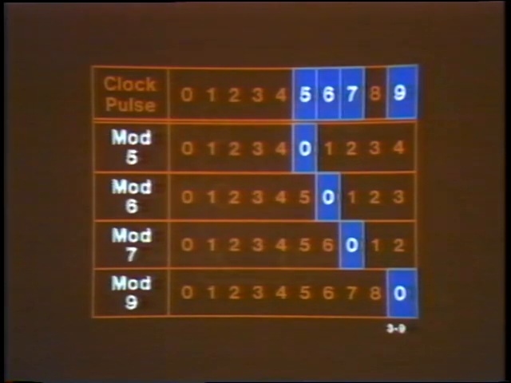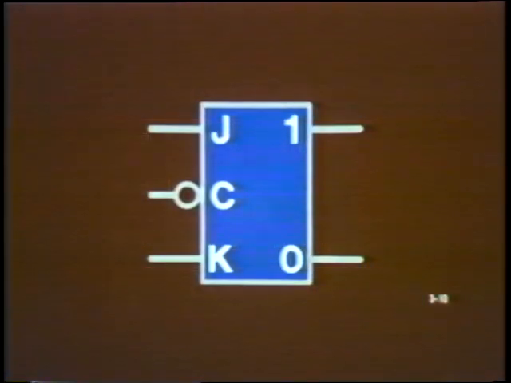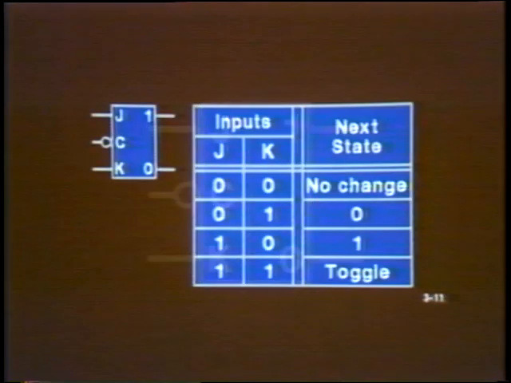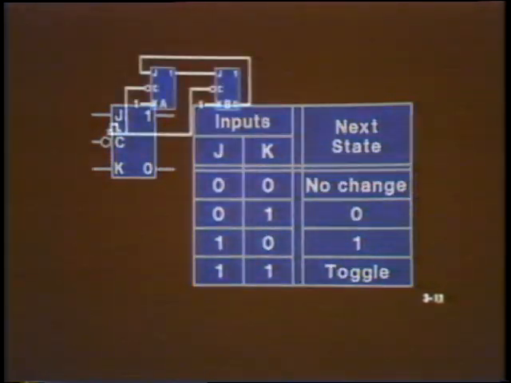All of the counters discussed will be built from JK master-slave flip-flops. This is the state table for the JK flip-flop. You should be familiar with it from your study of flip-flops and timing circuits. Our first example is a mod 3 counter constructed from JK flip-flops.